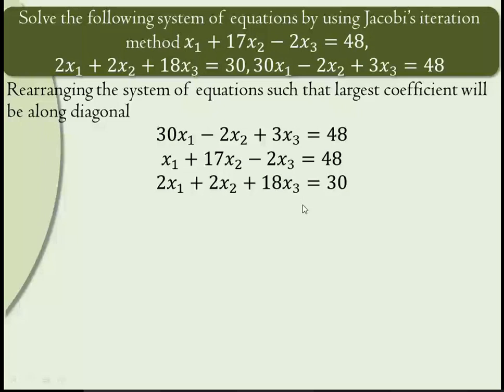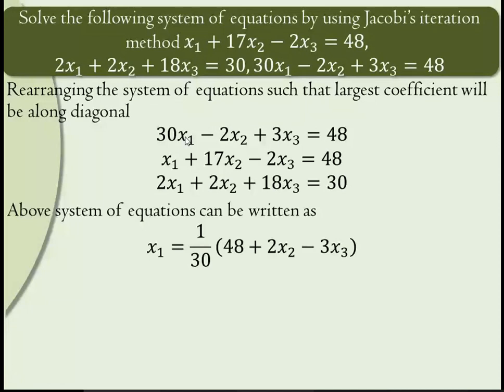Now, from the first equation, get x1 in terms of the other variables. Take all these terms to the other side and get the value of x1. From the first equation, x1 will be 48 plus 2x2 minus 3x3 divided by 30. From the second equation, get the value for x2. x2 will be 48 minus x1 plus 2x3 divided by 17.